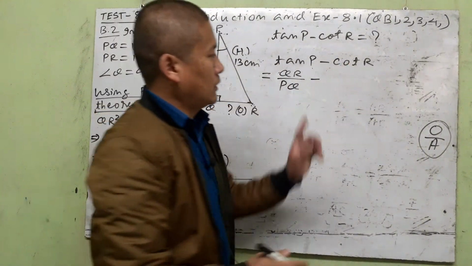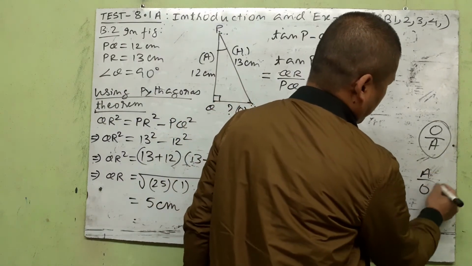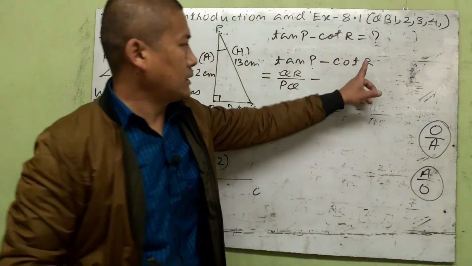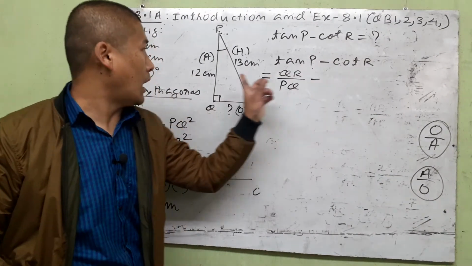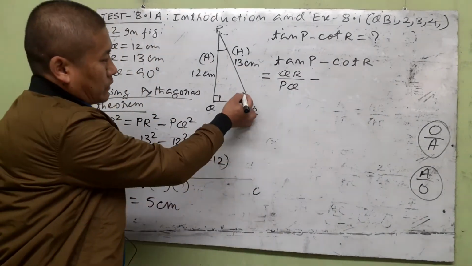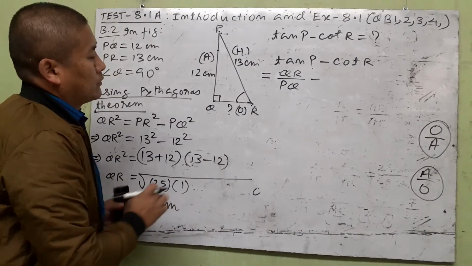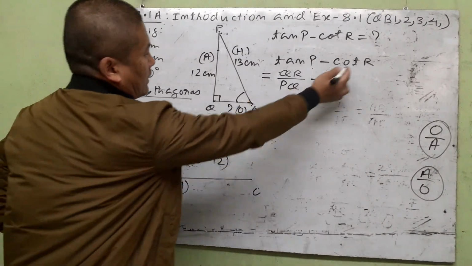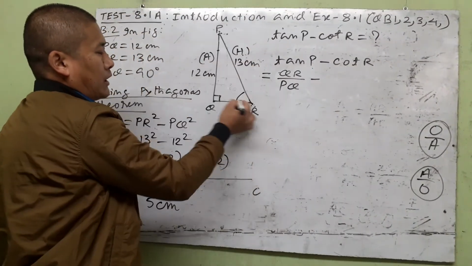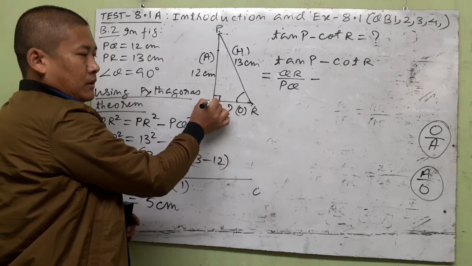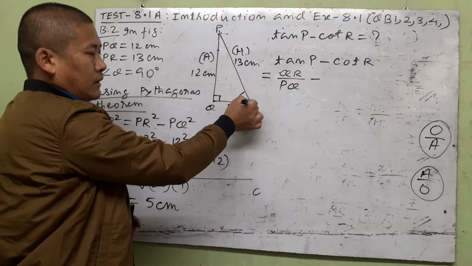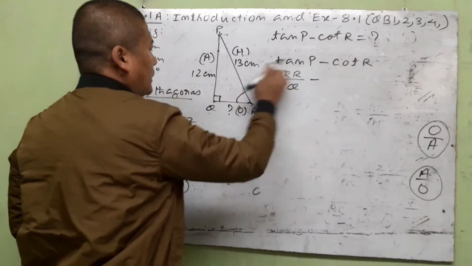Now we know cot is A by O, adjacent by opposite. But the angle this time is R, not P. So R is here. So we're going to have to take this, so we remove this one. When we take this, the two arms of angle R are RP and RQ. The side of this triangle which is not an arm of angle R is PQ.